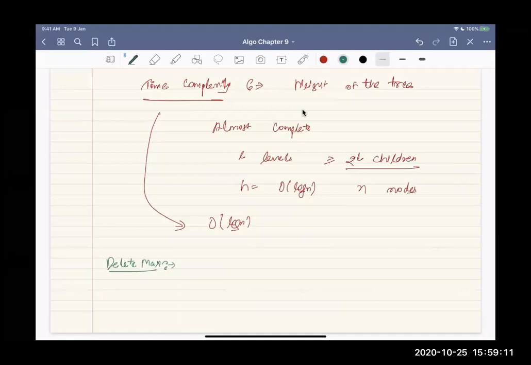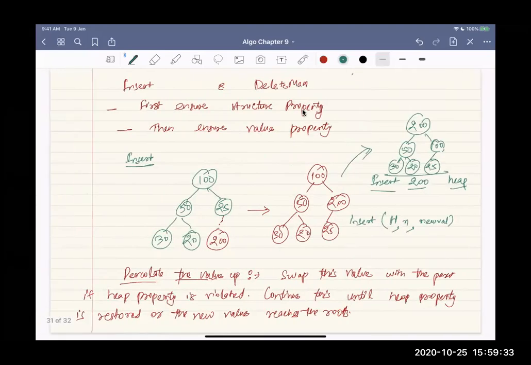So how do I do that? So remember again the rule. First, maintain structure, and then maintain the value property. So let's say, suppose this was my heap, and I want to delete 200.